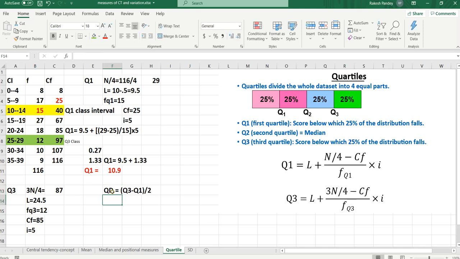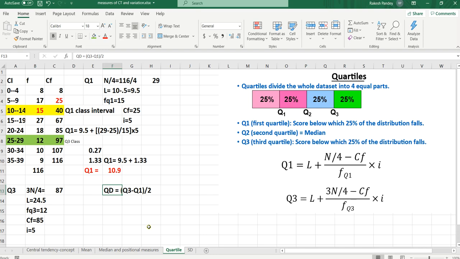I taught you these quartiles because in measures of variation we have to study quartile deviation, and quartile deviation is very simple. It is the difference of the third and first quartile divided by 2, and therefore it is also called the semi-interquartile range.